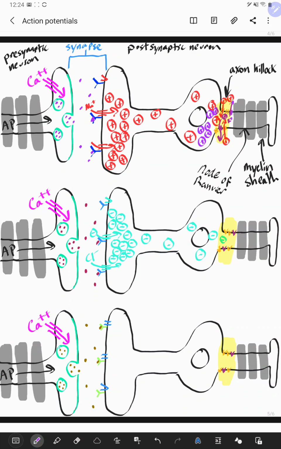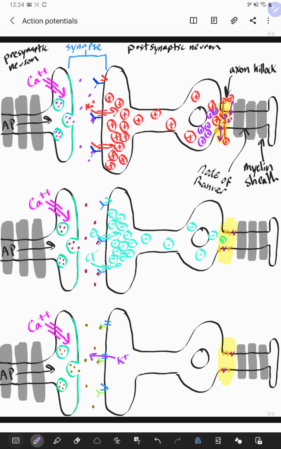We're representing potassium in purple again. So potassium is in purple, and I'm going to draw it as these purple pluses. If we recall, potassium is naturally higher in concentration on the inside of the cell than outside of the cell. So when given the opportunity, it wants to spread out and leave the cell.